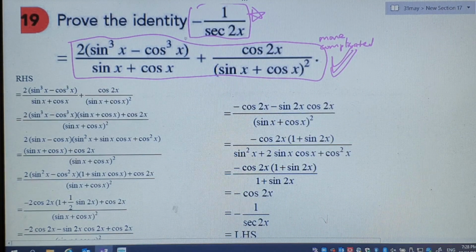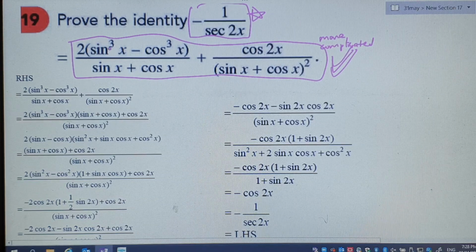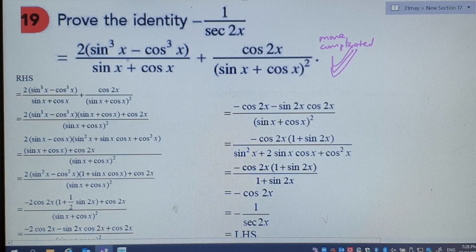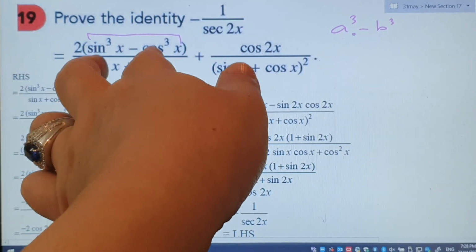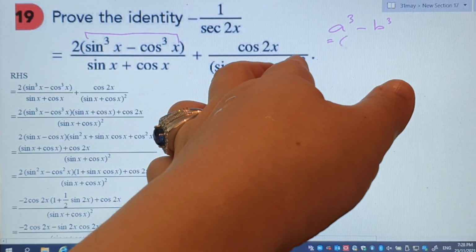Now, how do you start? Actually, can you see that this part here is actually your difference of cubes? I don't know whether you still remember. A cube minus b cube. Remember? So what is this a cube minus b cube?